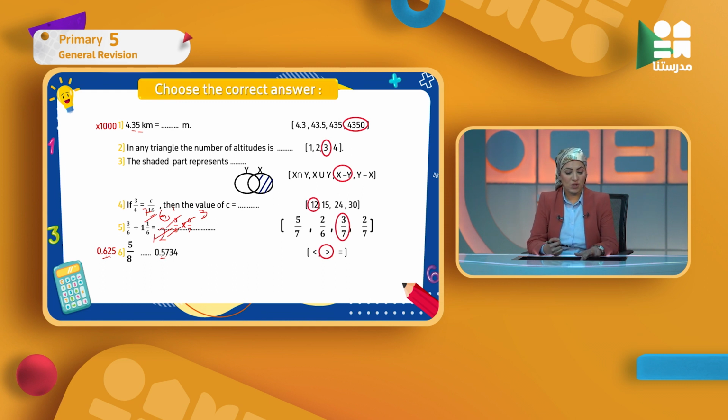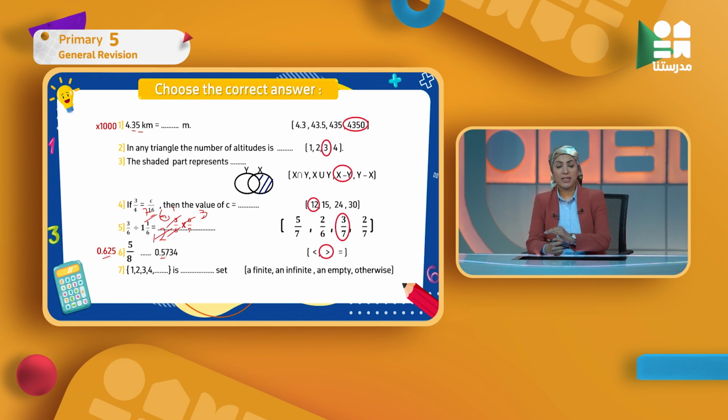Okay, question 7. The set of numbers 1, 2, 3, 4 and so on. The many dots mean that it continues and has no end. It has a beginning, which is the element 1, and this set has no end.